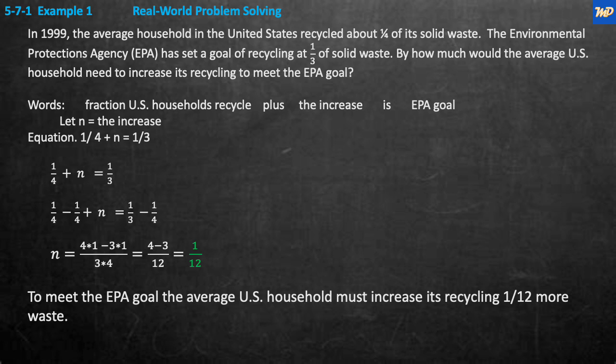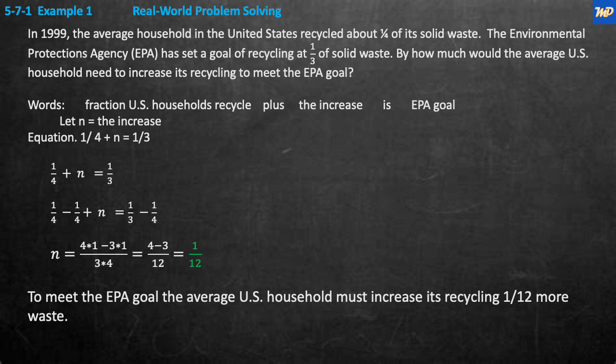If we write this down in words, we're going to come up with an equation here. We're going to say, what fraction of the U.S. households recycle plus the increase is the EPA goal. And we're going to let n be the increase. Right now, 1/4 of the solid waste is currently being recycled.